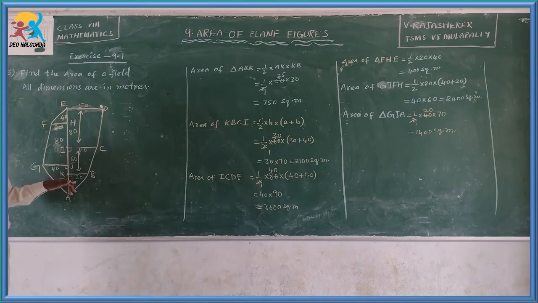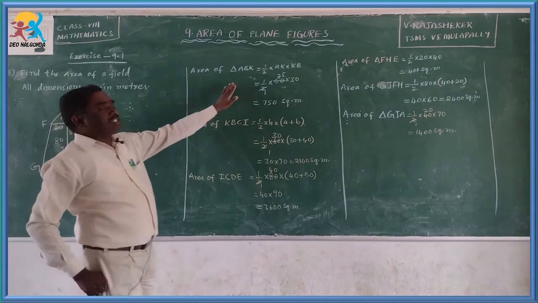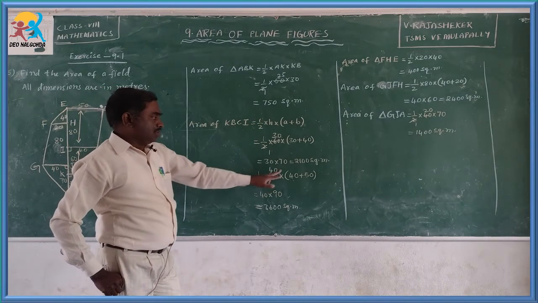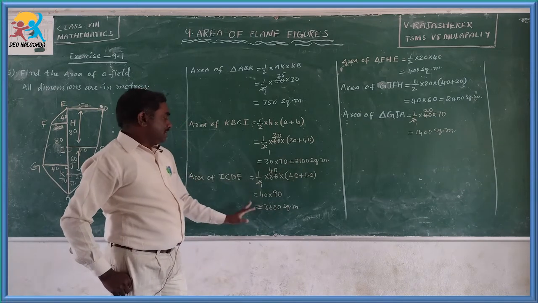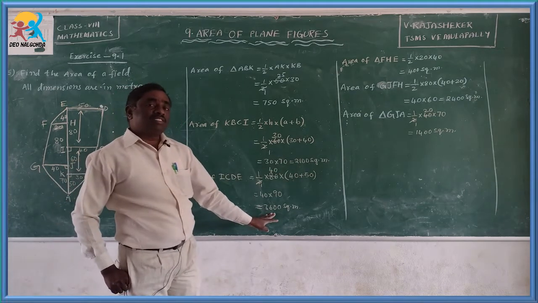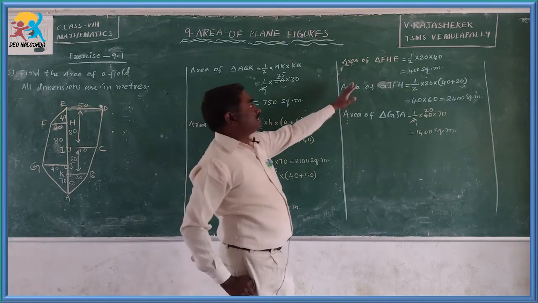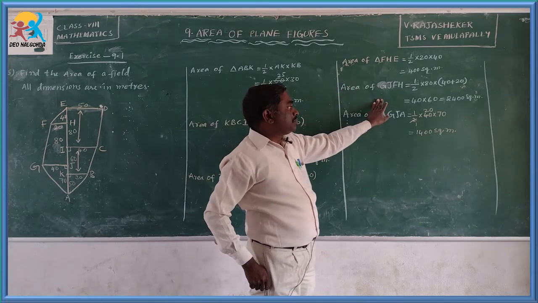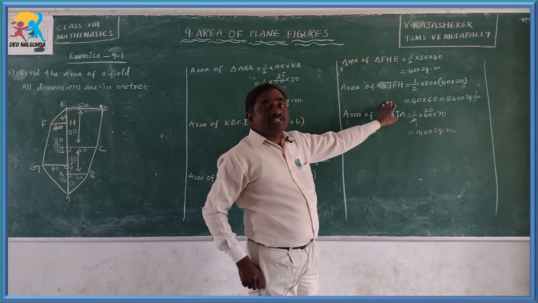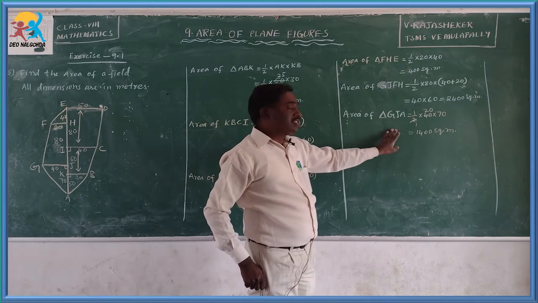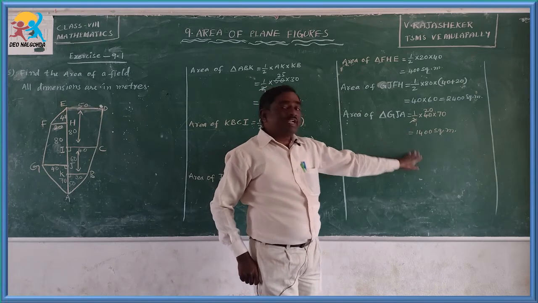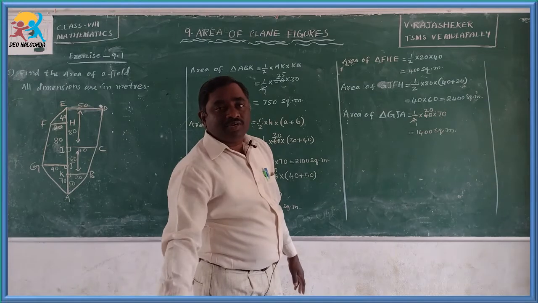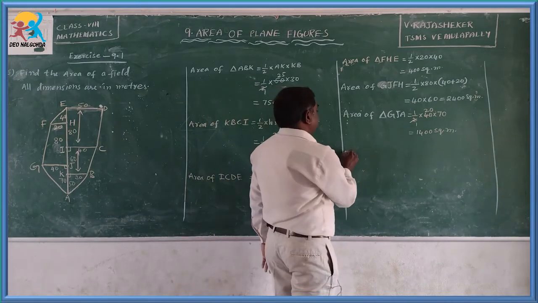We have already found the area of the first triangle, 750, next trapezium 2100 square meters, next trapezium 3600 square meters, next triangle area 400 square meters, next trapezium area 2400 square meters, and the last triangle area is 1400 square meters. Now, let us write the area of the given field.